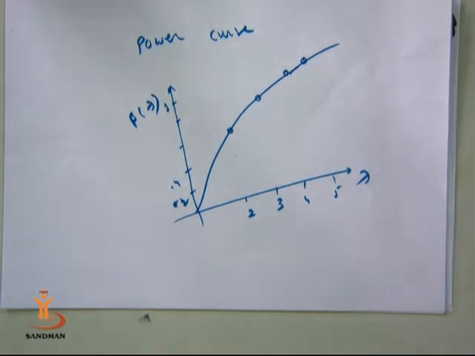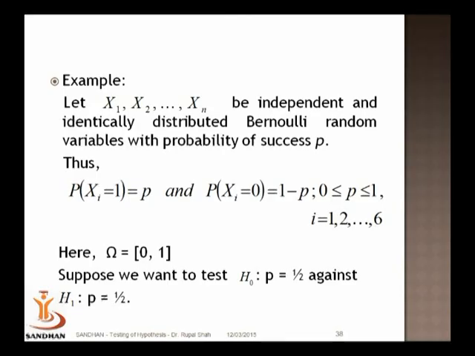Similarly, we have another example, that of the binomial distribution. So basically we have X1, X2, ..., Xn that are IID, that is independent and identically distributed, Bernoulli random variables with probability of success p. The probability mass function of Bernoulli takes only two possible values, success or failure.